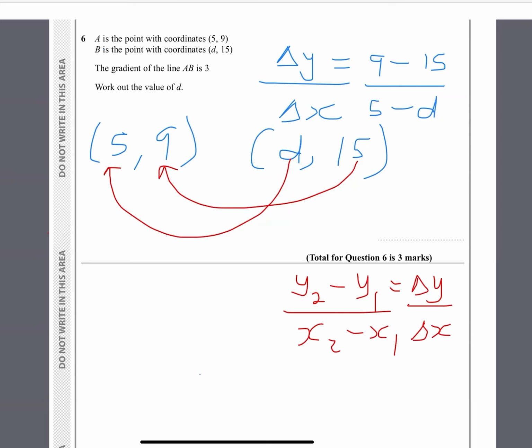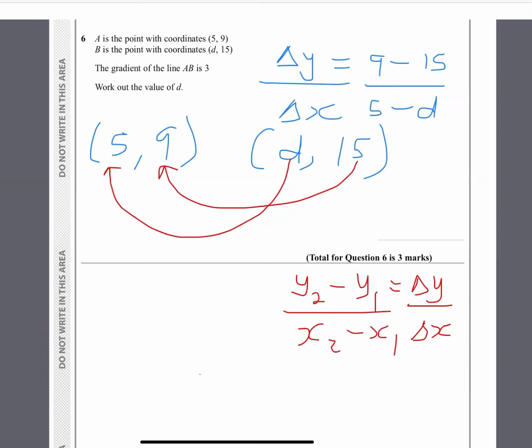But don't make the mistake of changing your y in a different way from the x. If you are changing the y from the right to the left, you must change your x from the right to the left. If you are changing your y from the left to the right, you must also change your x from the left to the right.